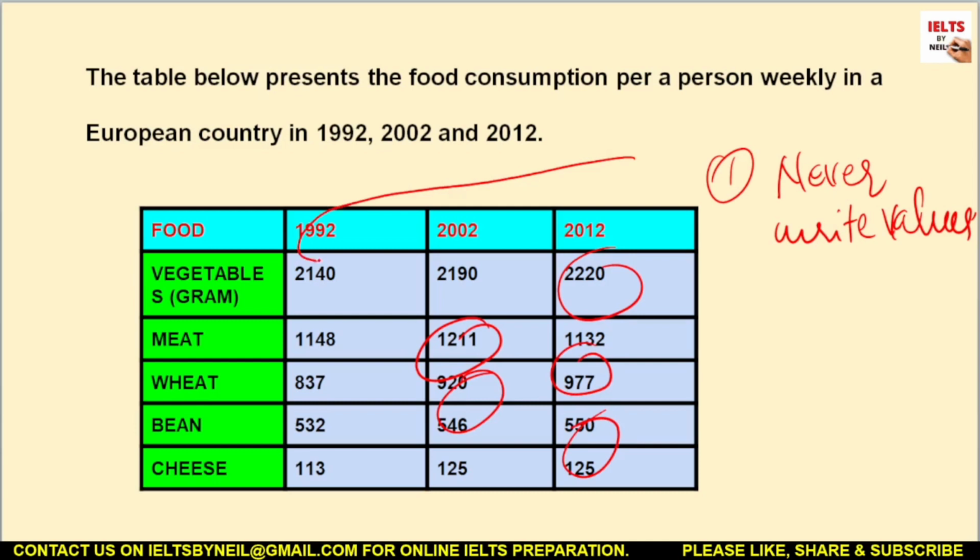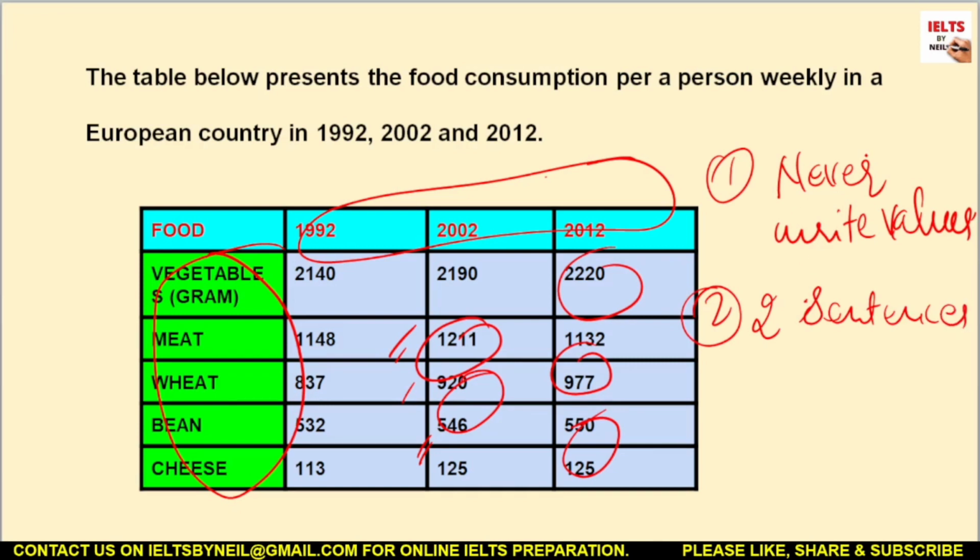These years, yes, you can write because these are the parameters, but the detailed values you never write. Because this is just the overall statement, it's not the detail, it's just the overview. Number two, you have to try to write at least 2 sentences. These are the 2 things that you have to keep in mind while writing your overall statement.